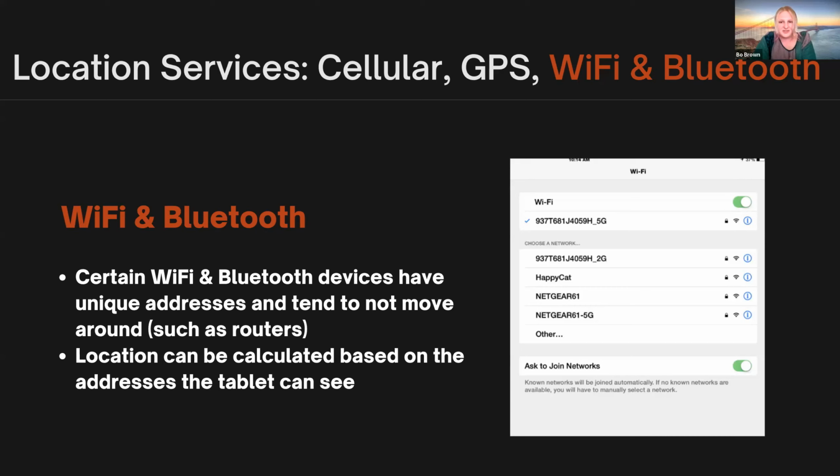So you can use this data to approximate where you're at. And the same thing with Wi-Fi names. With the Wi-Fi SSID and MAC address, routers tend to not move around that much. And so if you know the Wi-Fi names, you can probably approximate your location.